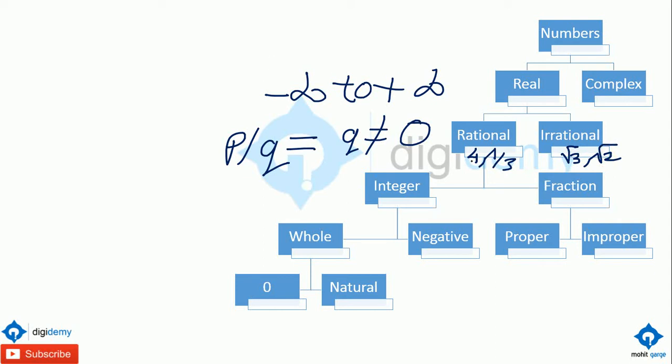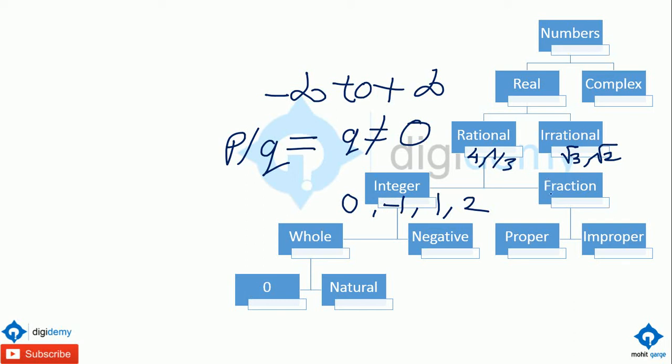Now, these rational numbers are further classified as integers and fractions. So, integers, what are integers? Integers are those numbers which do not have anything after decimal point. For example, -1, 1, 2, even a 0. 0 is an integer.